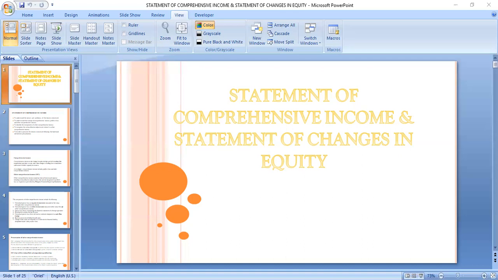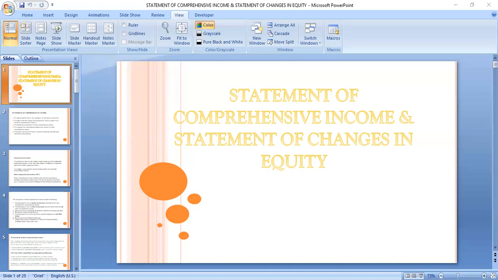So what are included? A presentation of other comprehensive income is provided that the other comprehensive income section shall present line items for amounts of other comprehensive income in the period classified by nature.